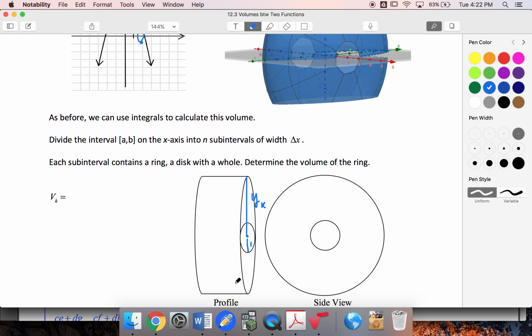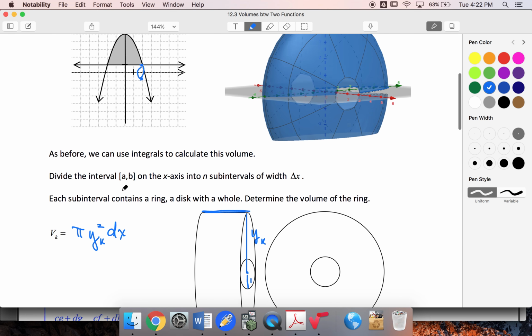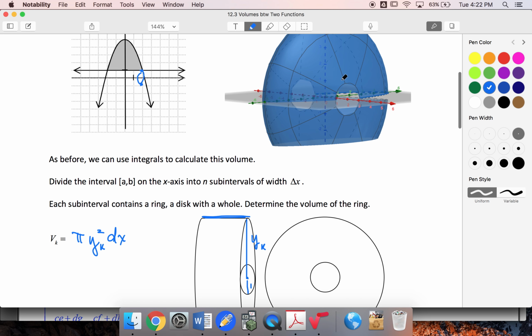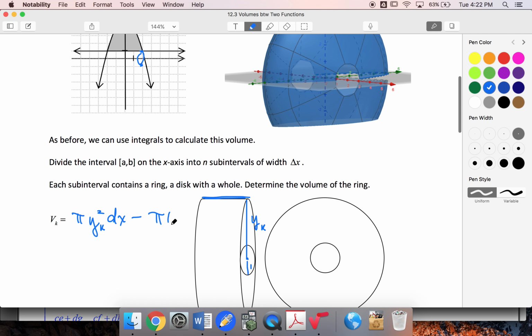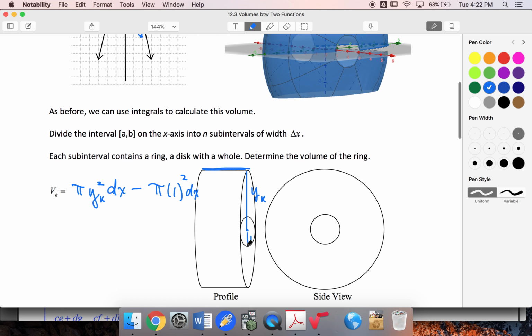If I want the total volume, I'm going to take the whole cylinder. So I'll have pi r squared, and my width is going to be my dx. I'm looking at my donuts coming across this way, each little slice across my x-axis, minus pi r squared dx to get the volume of this cylinder.